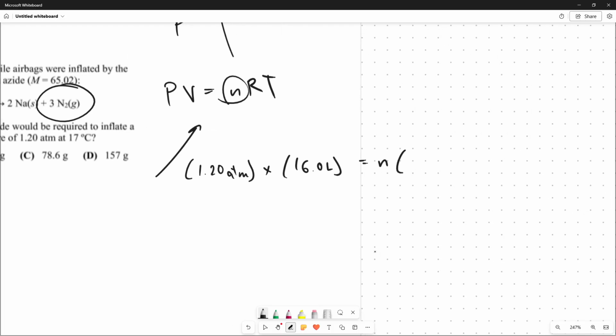What are we going to use for R? We need to use this unit, because we need to cancel out atm, liters, and Kelvin, right? But we have to keep moles at the end. So this has to be our unit, I think.